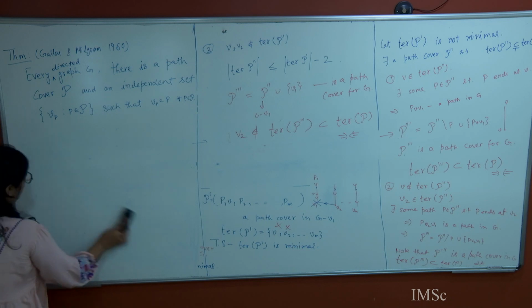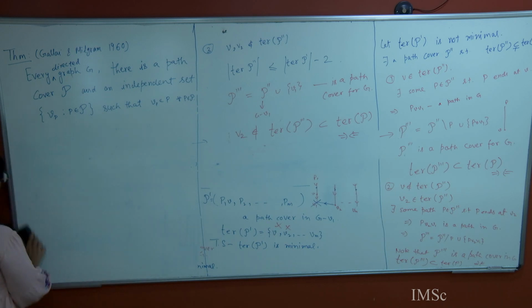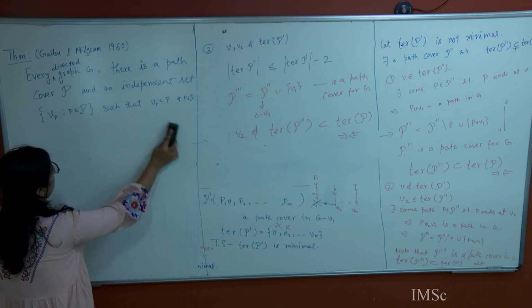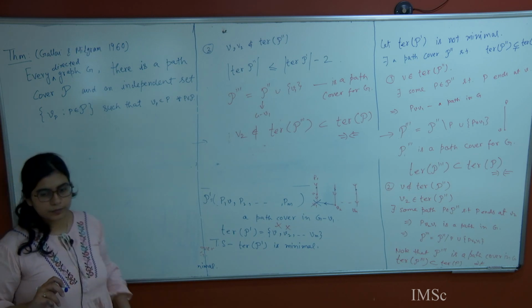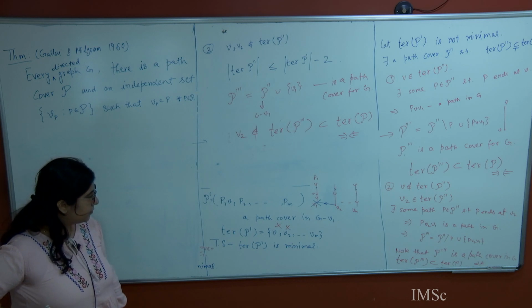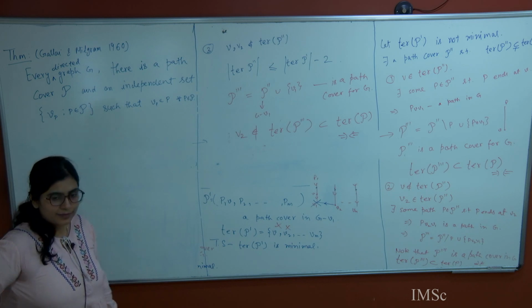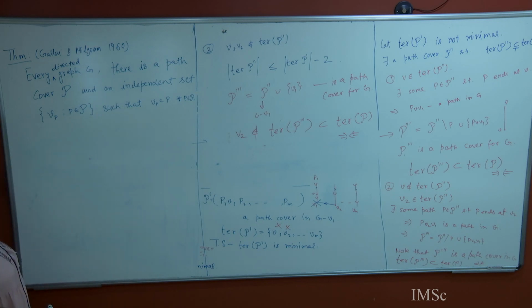Now we have to translate what we proved into that theorem. We proved it for a minimal such set, and then we have proved it for the graph, because we were not saying that every path cover works, we were saying there is a path cover.